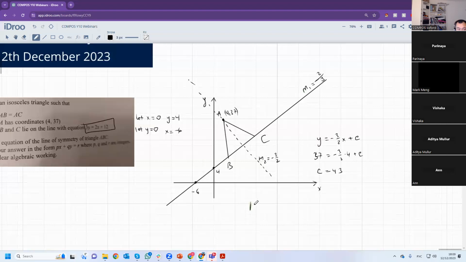Therefore, the answer is y equals minus 3/2 x plus 43. That's the equation of the line.